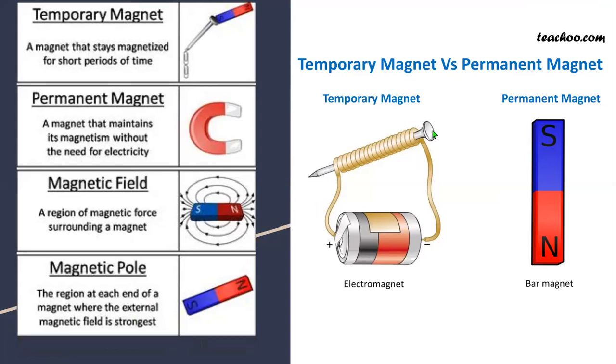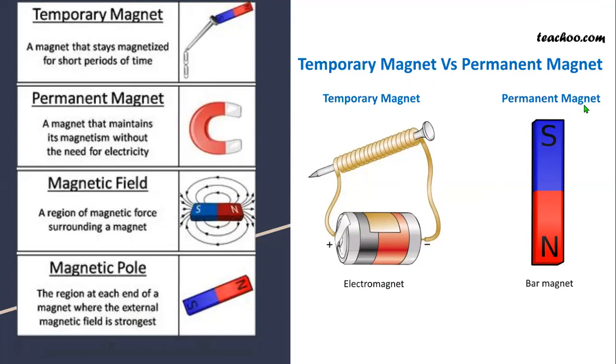Okay, so temporary magnet versus permanent magnet. So the temporary magnet, they show this as an example of an electromagnet because this is a closed circuit and it's using electricity for its magnetic field, by being connected to the battery.